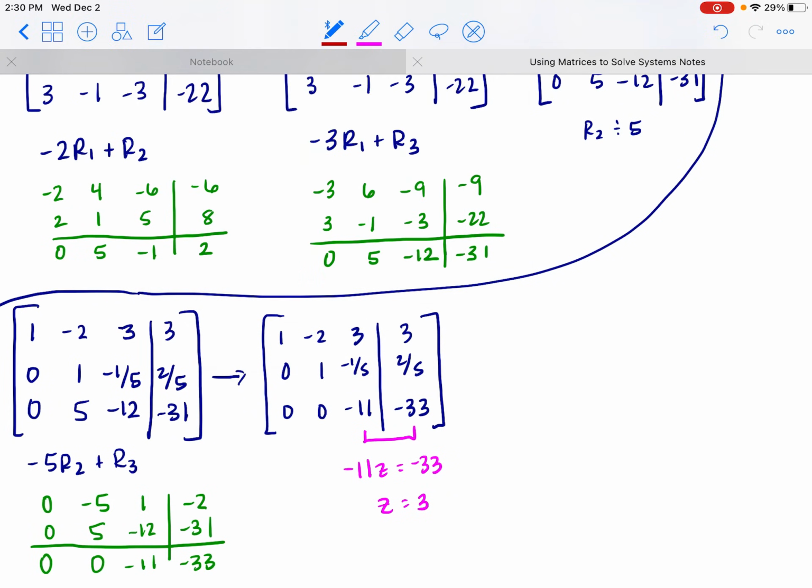So now I'm going to plug that into this second equation. So I have 1y minus 1/5 times z equals 2/5. So y minus 3/5 equals 2/5. If I add that 3/5 over, I get 5/5, which means y has to equal 1.